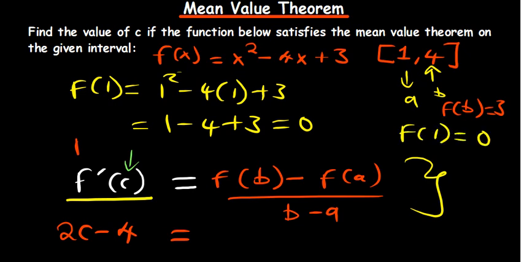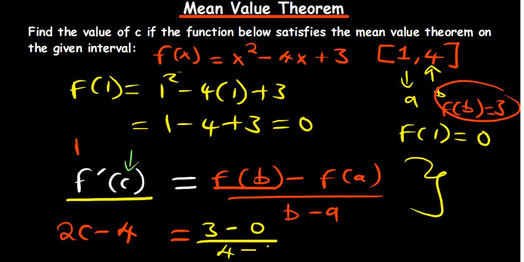And at this point, what can we say? We found f of b, we've also found f of 1. So f of b has been determined to be 3. So I'll show that: we have 3 minus f of a, which is 0, over the change in x, b minus a, so it's like 4 minus 1.